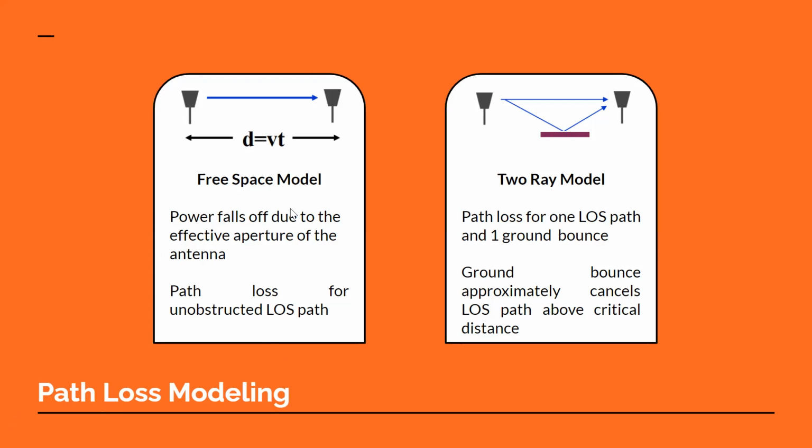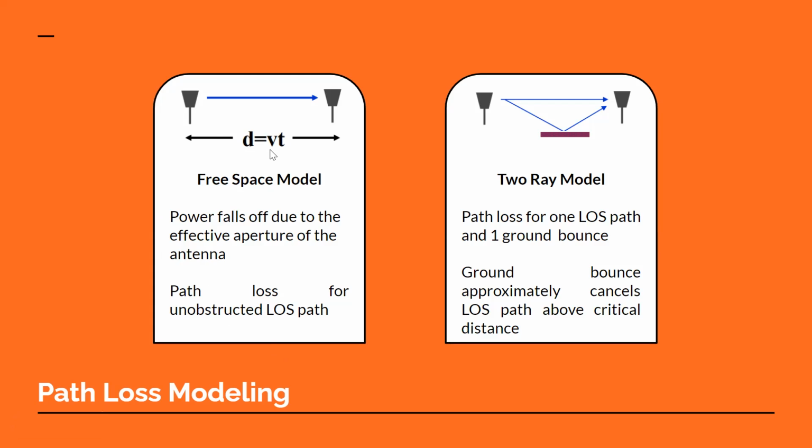We discuss the first one first. The power falloff is proportional to 1 per distance squared, and it's also proportional to lambda squared. Basically, it is inversely proportional to f squared, or frequency squared.